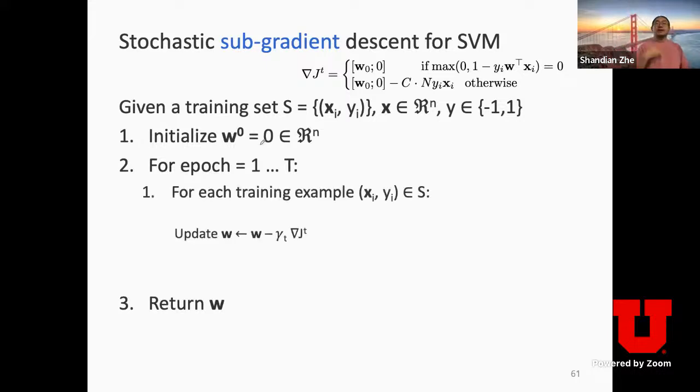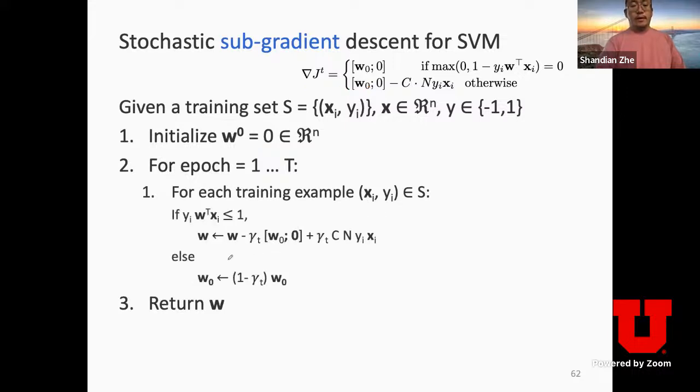In each epoch, we sequentially pass through the training examples. For every training example xi, yi, you calculate the subgradient correspondingly, which is here. You multiply the subgradient by some learning rate gamma t, and you update. Here, this updating can be further written in more detail.